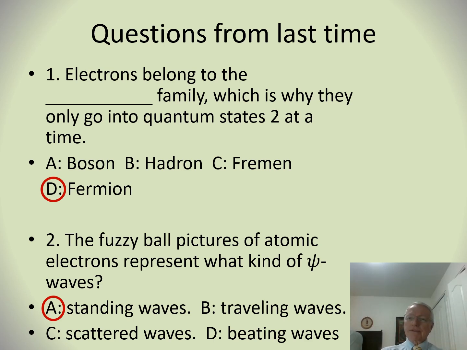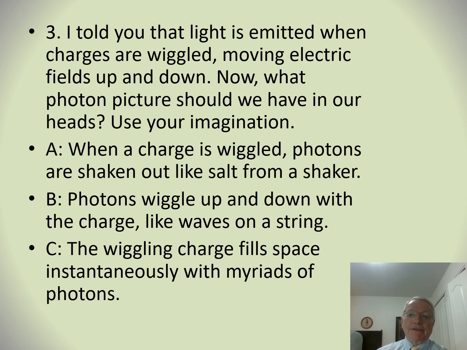They're standing waves. I told you that light is emitted when charges are wiggled, moving electric fields up and down. Now, what photon picture should we have in our heads when a charge gets wiggled to make an electromagnetic wave, which is made up of photons? Which of these is the best picture for what's happening when you wiggle a charge up and down and make photons?